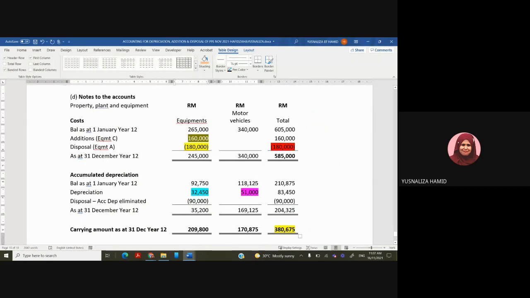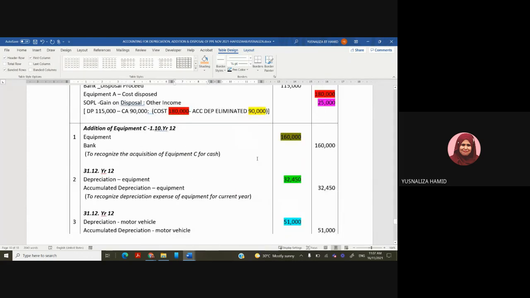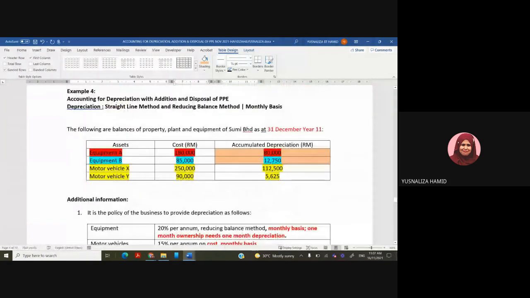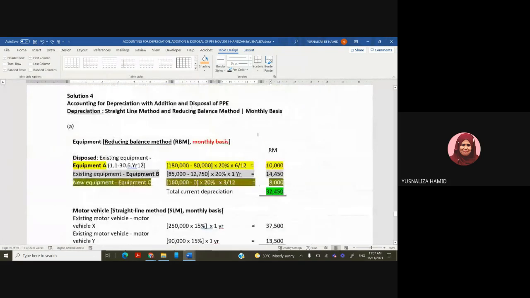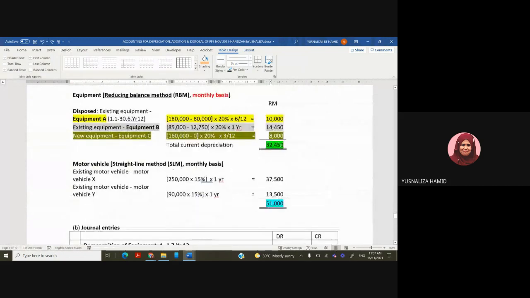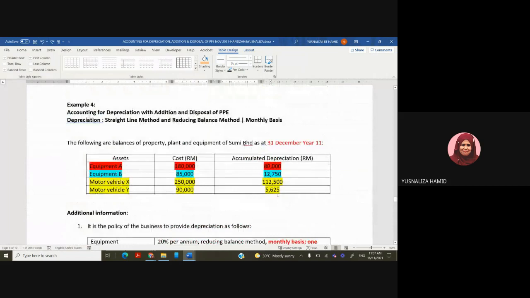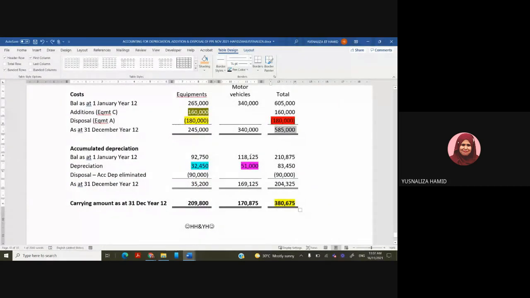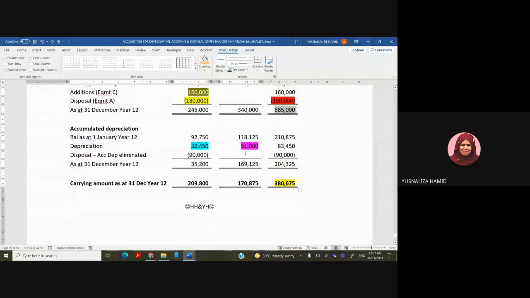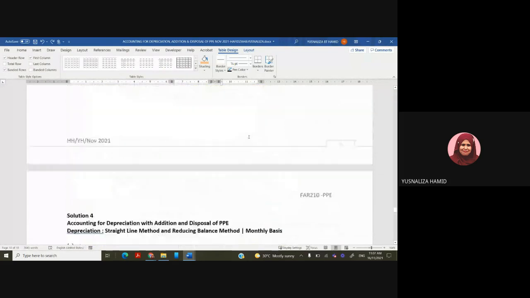This 118,125, where do we get this? This is from the one under motor vehicle. 112,500 plus 5,625. If you add up 112,500 plus 5,625, you will get the beginning balance here, which is 118,125.